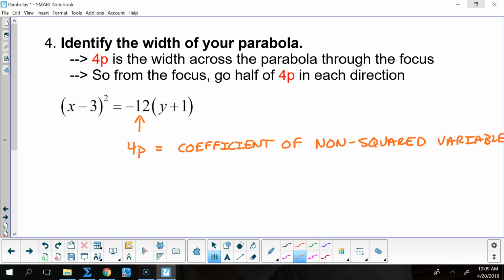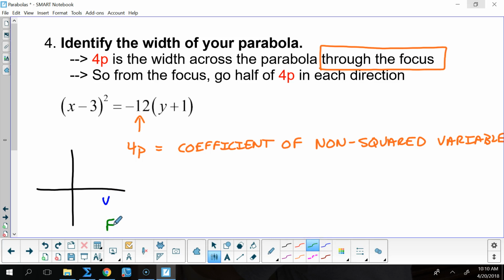And that is going to determine how wide our parabola is through the focus. Okay? So again, if I go back, there was my vertex, here was my focus.